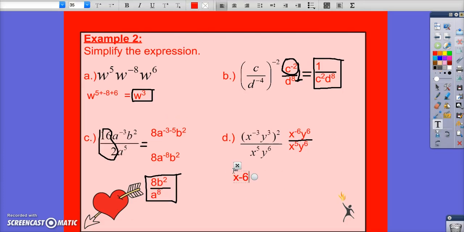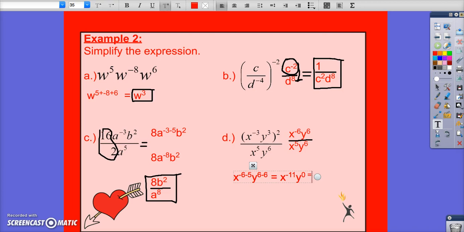X to the negative 6 minus 5. When you subtract them, remember, it comes back up to the top, 6 minus 6, which equals x to the negative 11, y to 0.